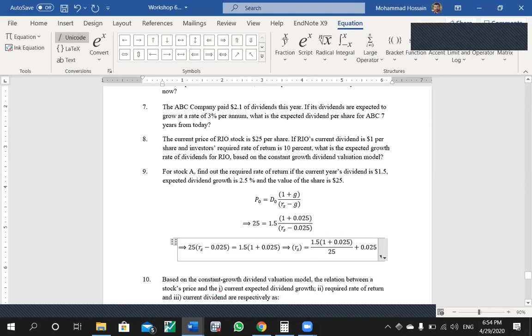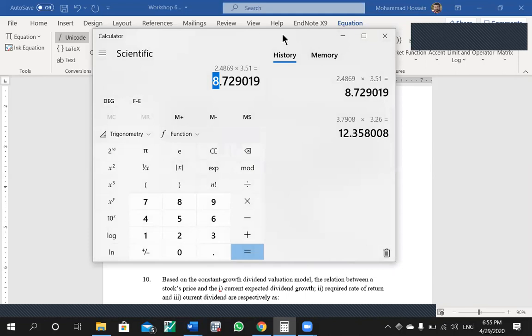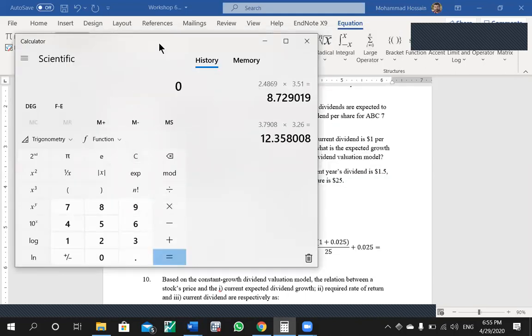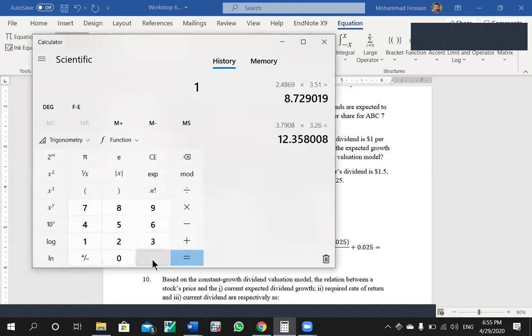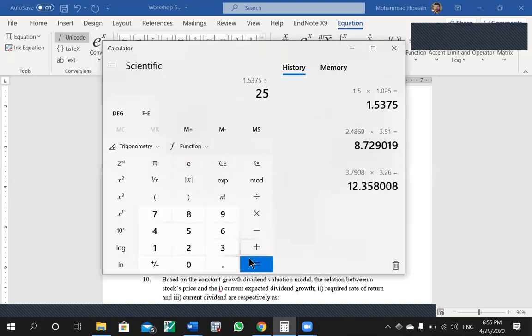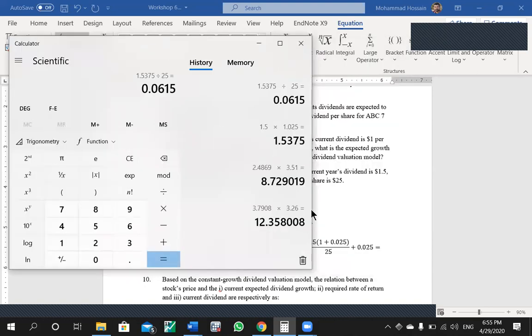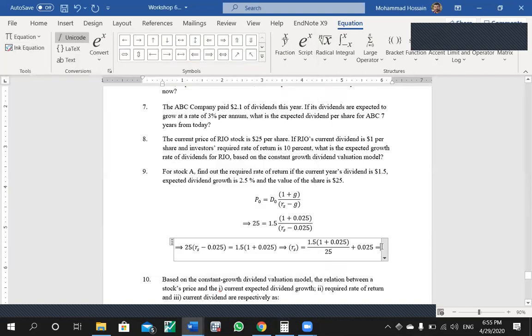So how much should be the answer? 1.5 into 1.025 is equal to 1.5375, divided by 25, gives 0.061.